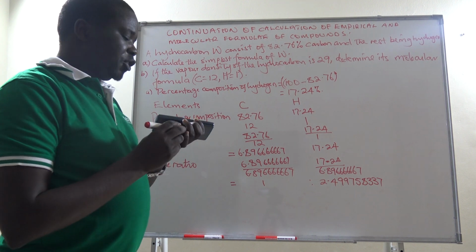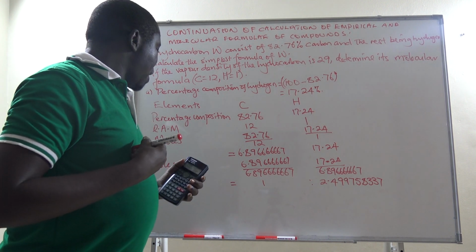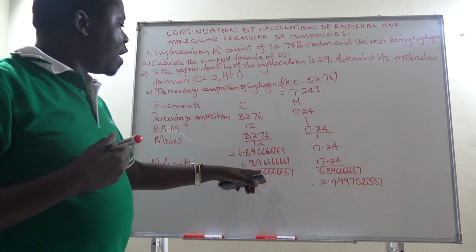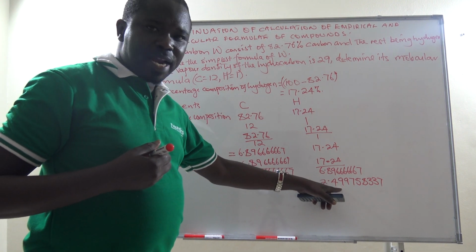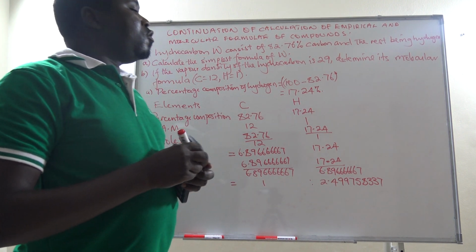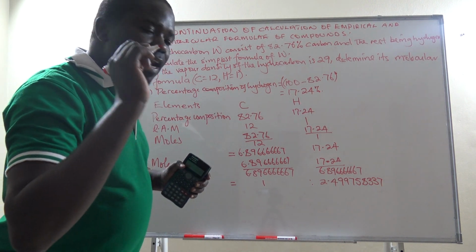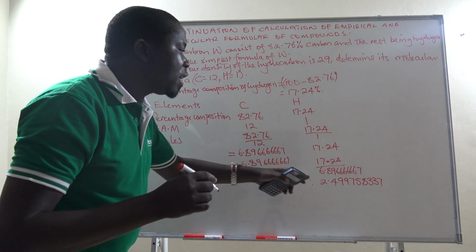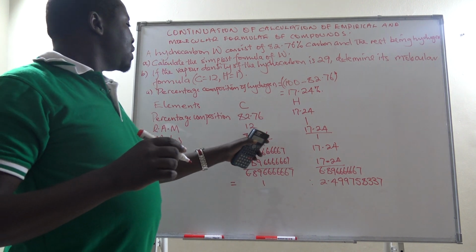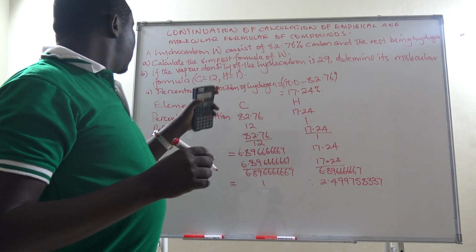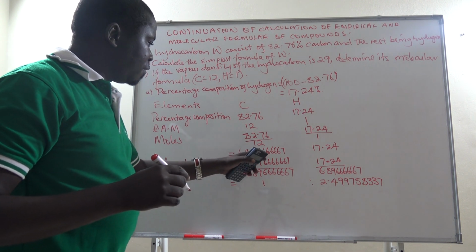Now we have an issue here. We have reached a point whereby our mole ratio is having a whole number and then a decimal number. At this point, you can now round off to one decimal place. That is if and only if we have got the mole ratio. At this point, when you have just got the number of moles, please do not in any way round off the number of moles.